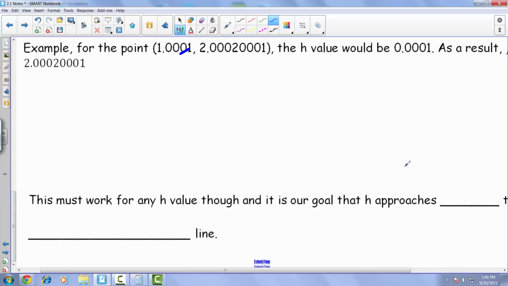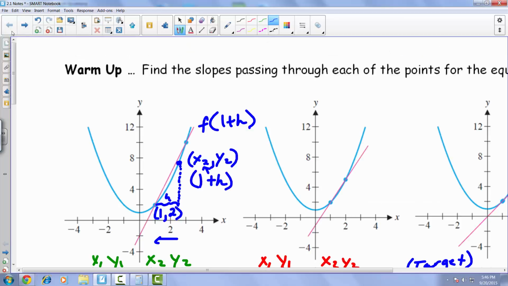For example, in our first warm-up, this h value went from 1 to 3, so it would have been 2 units away, whereas in our second one, that h value would have only been 1.